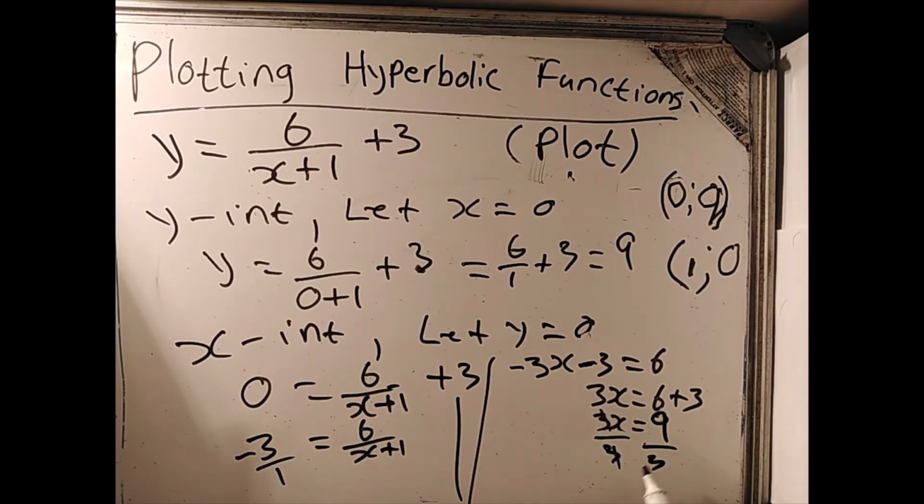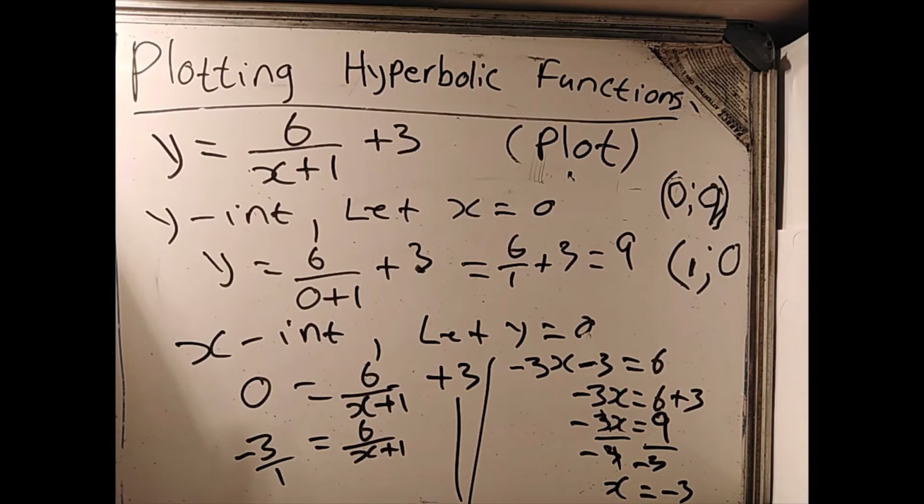Then divide by 3 and divide by 3. What are we going to get? We're going to get x here, and you still have the minus, so we're going to have minus 3, and then x is equal to minus 3.